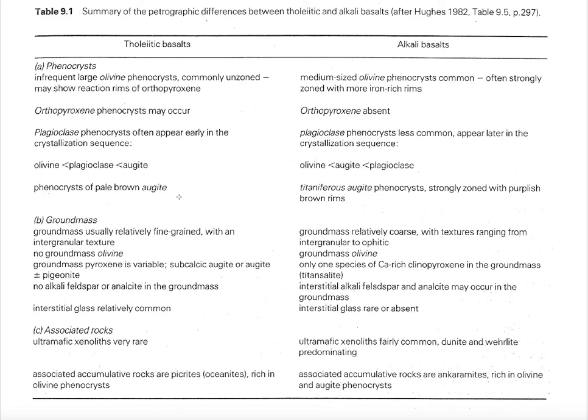Then associated rocks. The tholeiitic basalts are associated with ultramafic xenoliths, but this is very rare. Associated cumulate rocks are picrites, oceanites, rich in olivine phenocrysts.